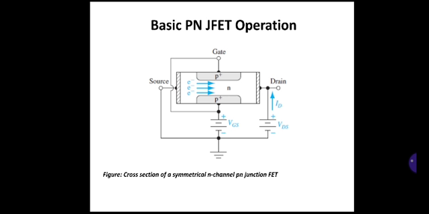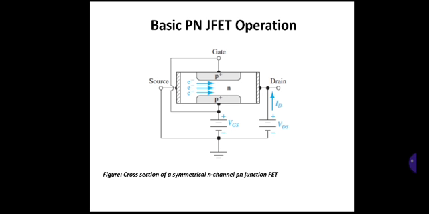The drain is the terminal where carriers leave or are drained from the device, and the gate is the control terminal. So the end of the channel from which electron flow starts is called the source, and the end towards which the flow goes is called the drain. The P plus regions are called the gates.